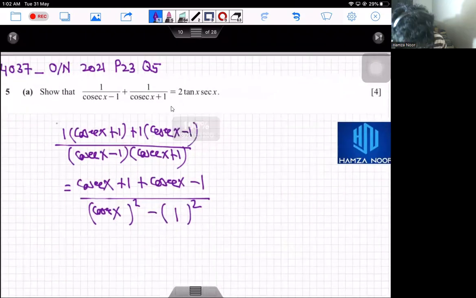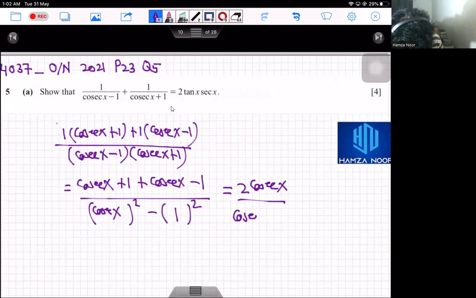In the numerator, this 1 and minus 1 cancel out. So in the numerator, you are left with 2 multiplied by cosec x, and in the denominator, you have cosec square x minus 1.